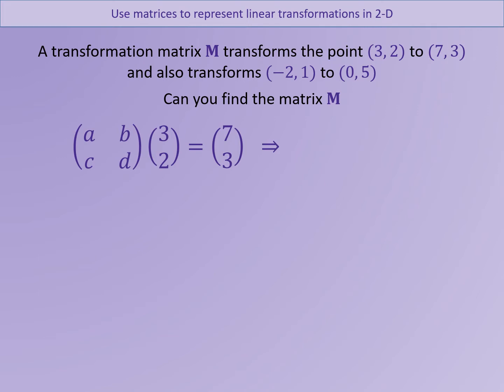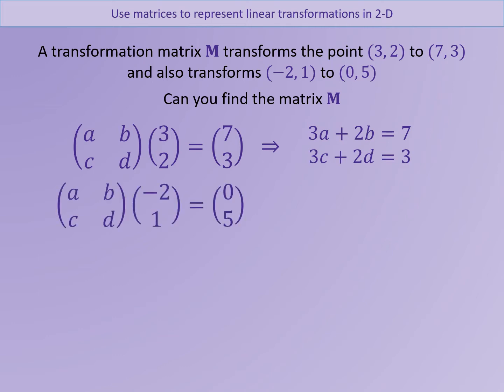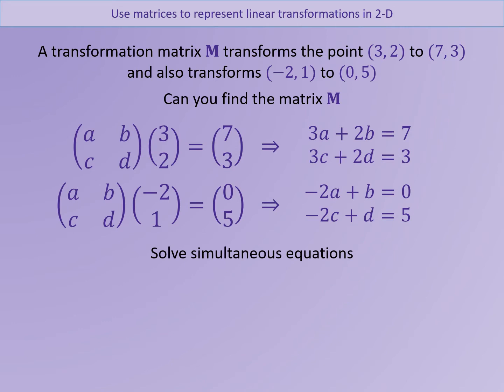If we multiply this out, this would give us 3a plus 2b equal to 7 and 3c plus 2d equal to 3. We can do the same thing for the second set of coordinates, resulting in 2 more equations. We can then solve these simultaneously.